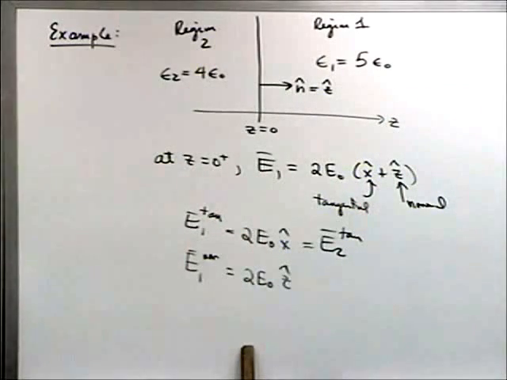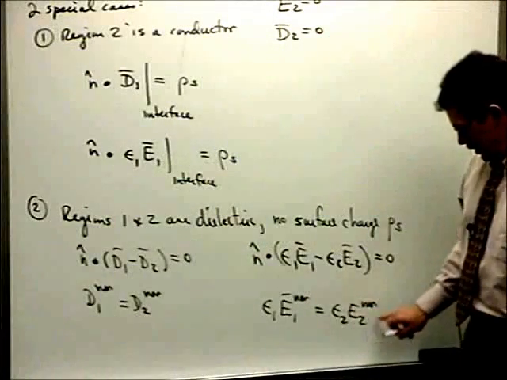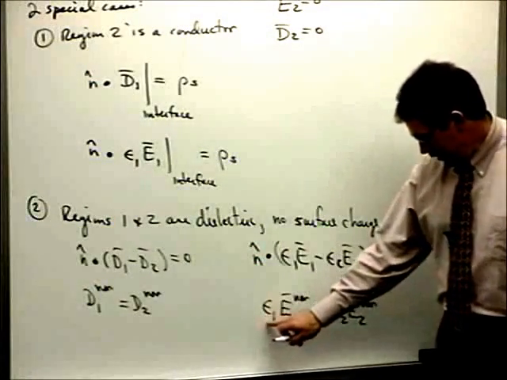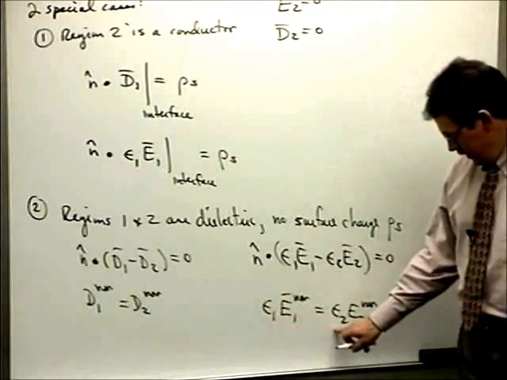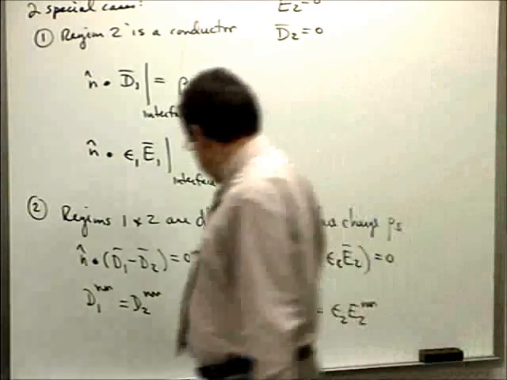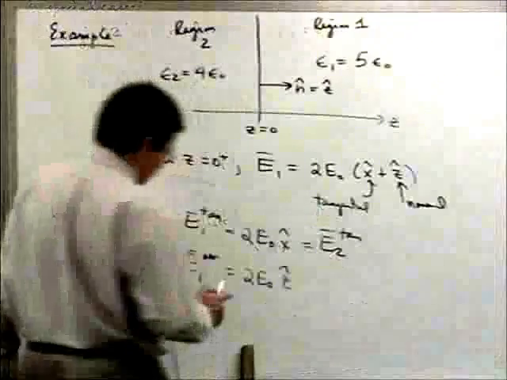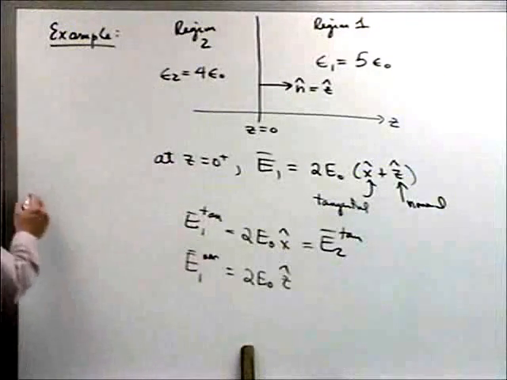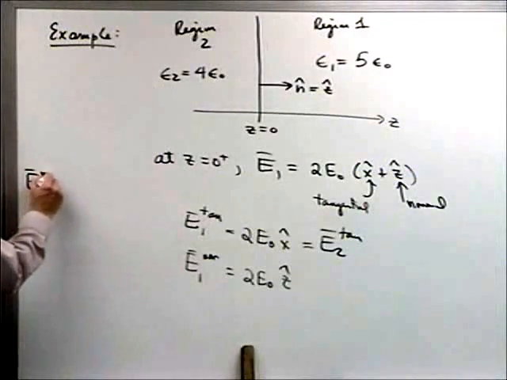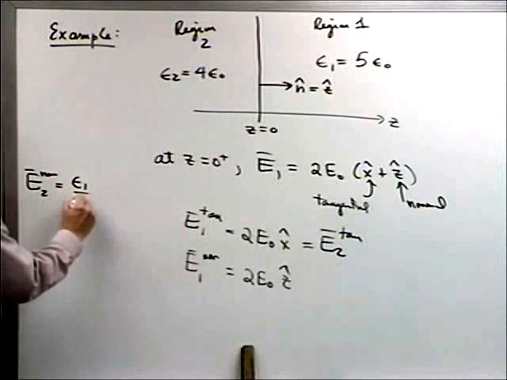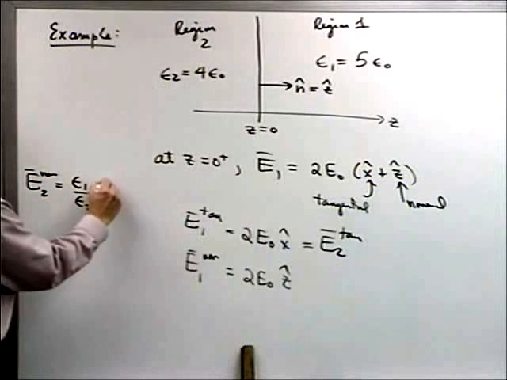That's a little more complicated. E2 normal is going to be epsilon 1 E1 normal over epsilon 2. Okay. So E1 normal is this. E2 normal is going to be epsilon 1 over epsilon 2 times E1 normal.